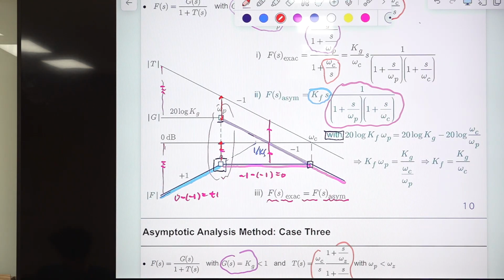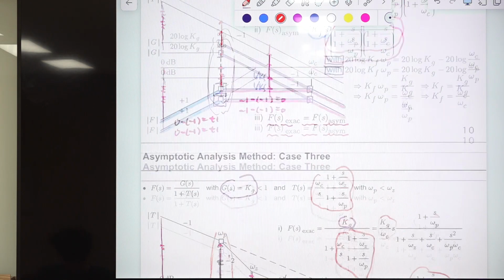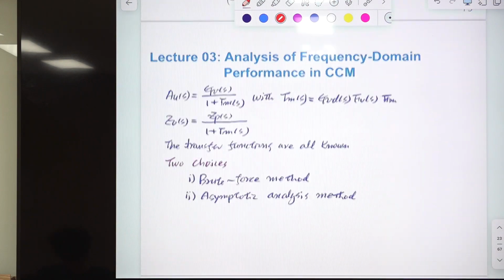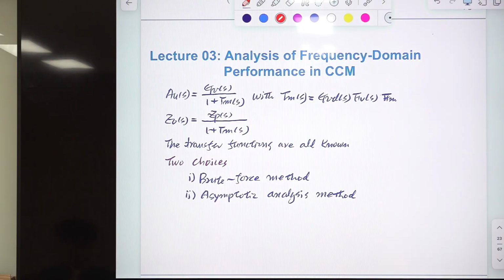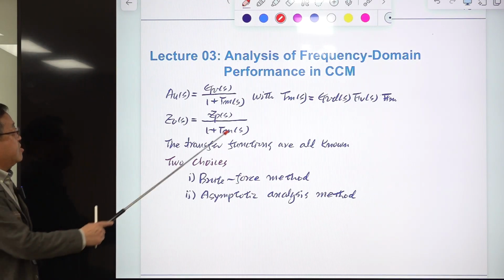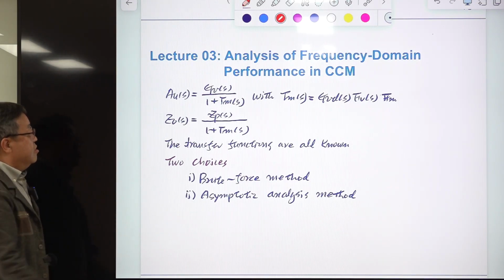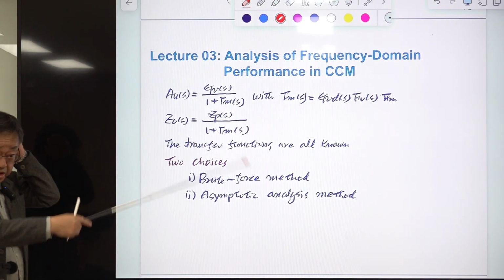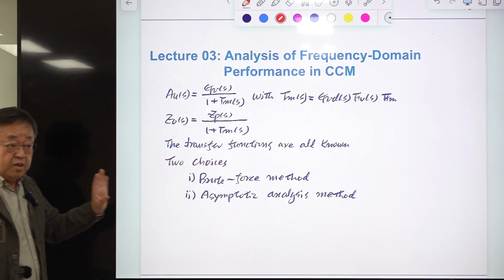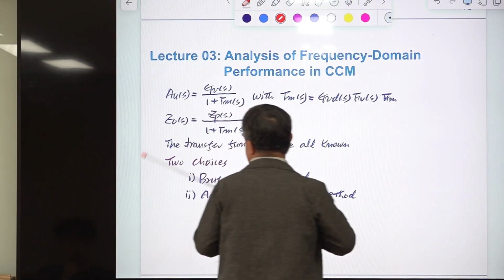Okay, we go back to the chapter opening page of lecture 3, and we discussed this implication of this. Even though you know everything about these 5 transfer functions, you don't want to do some calculation or analytical manipulation on that using 5 transfer functions to evaluate this one.